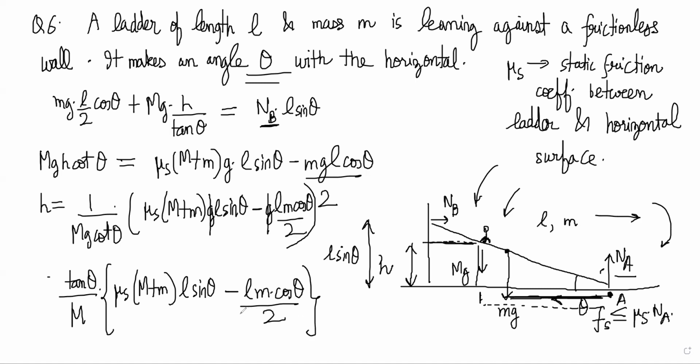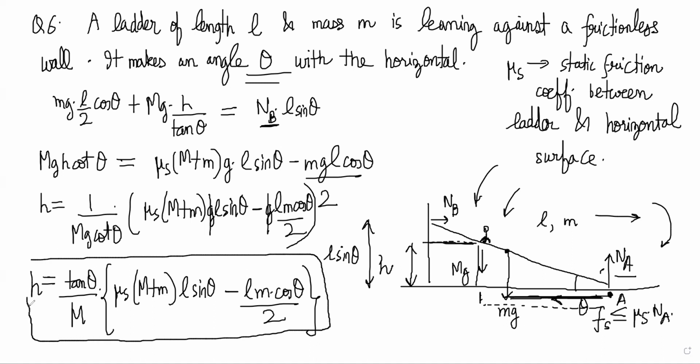This m can be taken inside and you can rewrite the whole thing by basically taking L sine theta outside, or you can leave the answer here, it's fine. This is the correct expression. The rest of it is just simplification. Notice that only the variables that were mentioned in the question appear in our answer. Theta was mentioned, L was mentioned, small m, capital M was mentioned in the question, and mu s was mentioned. So ultimately, we are just solving for the known variables, right?